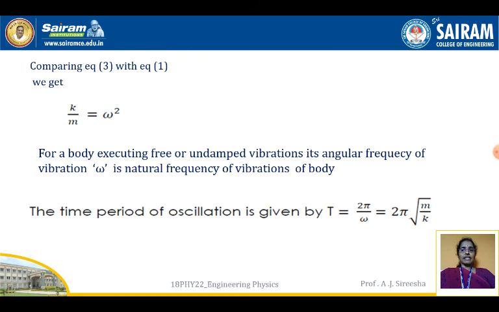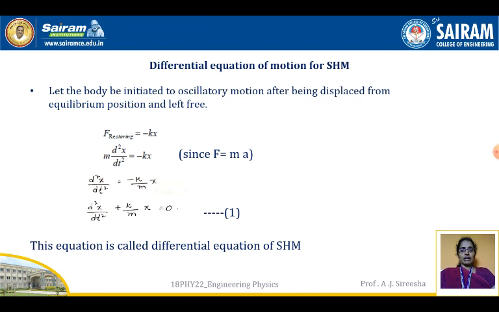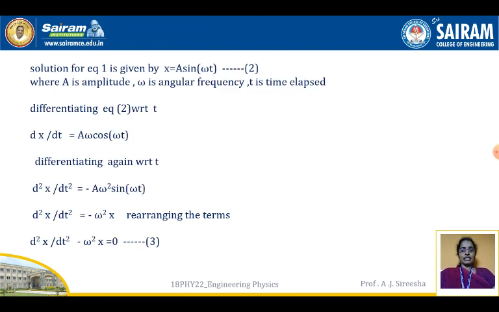Now comparing equation 3 with equation 1, where we have d square x by dt square plus k by m into x is equal to 0, if you see, equation 1 has k by m and equation 3 has omega square.